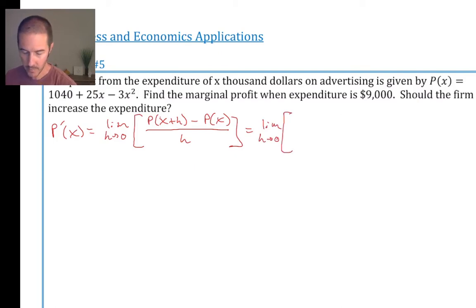Let's plug x plus h into our function. So we have the 1040 plus 25 times x plus h minus 3 times x plus h quantity squared.